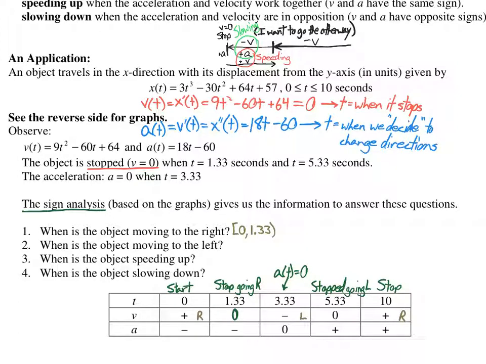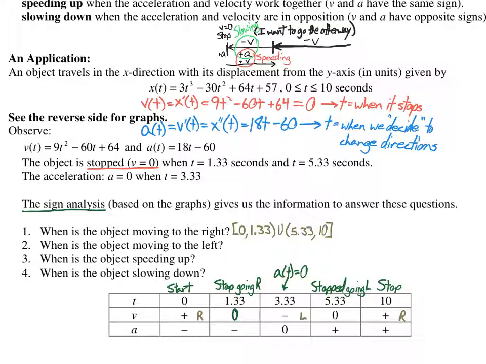Also, I'm moving to the right from 5.33 up to 10. We can put a little union in there. Those are the two intervals where this object is moving to the right.